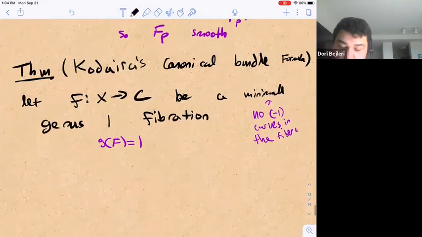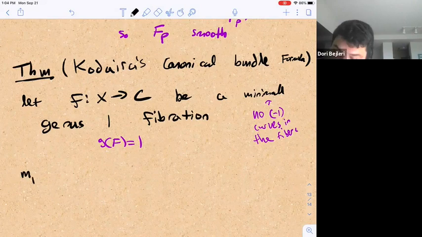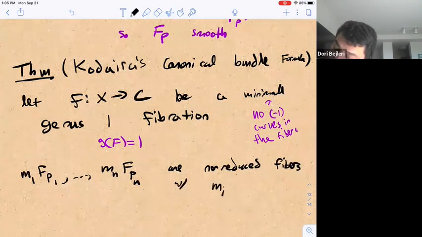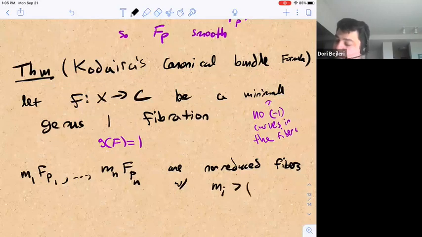And suppose that we have some non-reduced fibers. So let's say that we have non-reduced fibers M1 FP1 through MN FPN. So this Mi is greater than 1, and FP is the underlying reduced fiber, not necessarily irreducible.